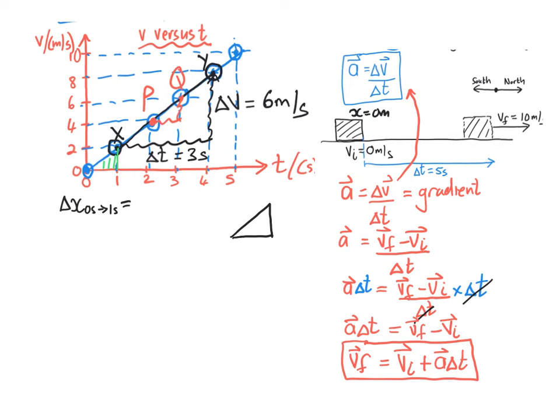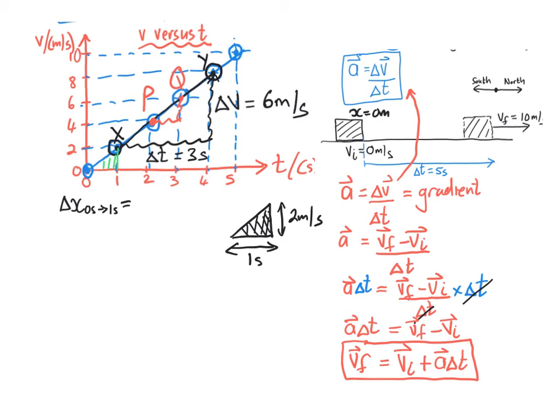It's not a physical triangle with lengths in meters or centimeters or millimeters, with an area in square centimeters or square meters or square millimeters, but rather the base is a time, 1 second, and the height is a velocity, 2 meters per second.